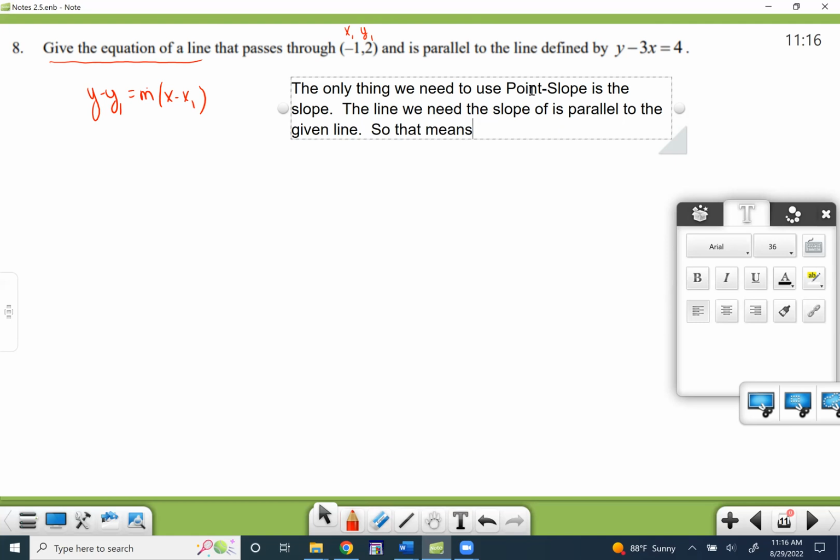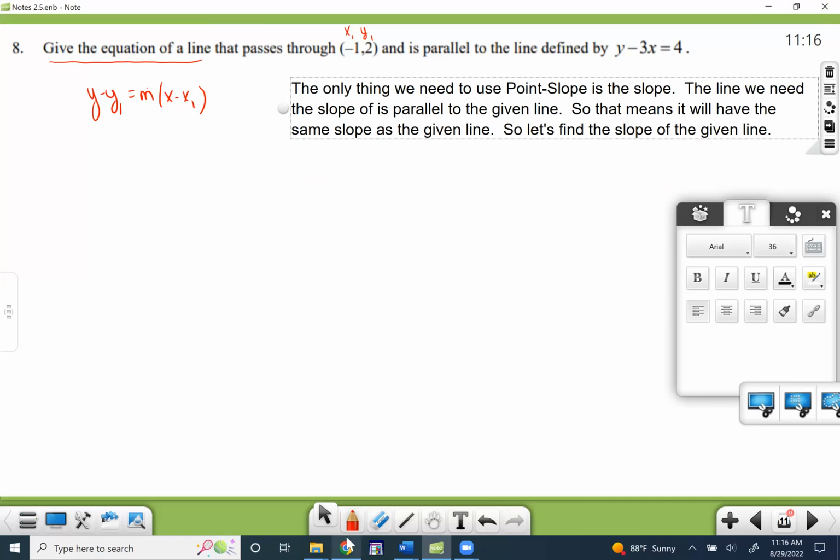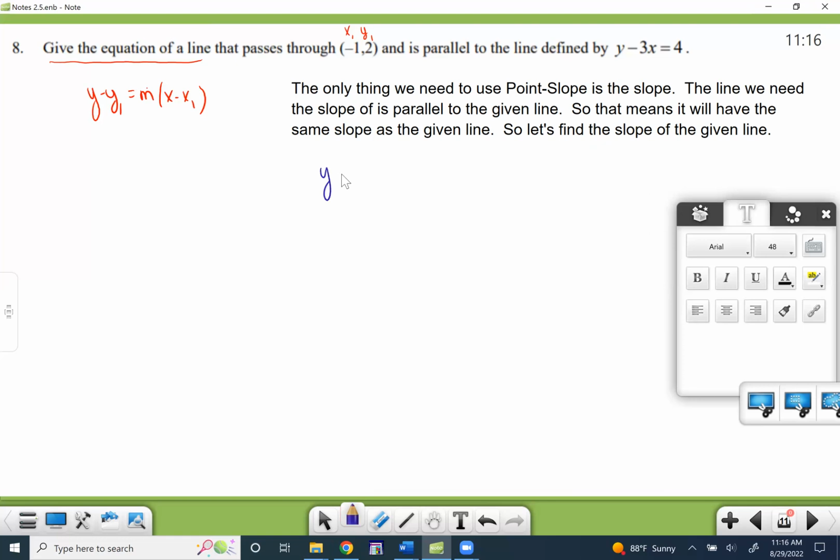So that means it will have the same slope. So let's find the slope of the given line. How would we find the slope? Well, if it were in y equals mx plus b, then the m would be the slope, right? So we need to get this into y equals mx plus b.